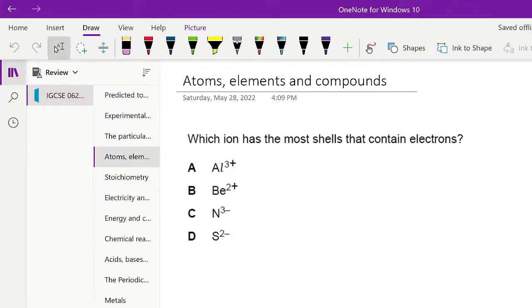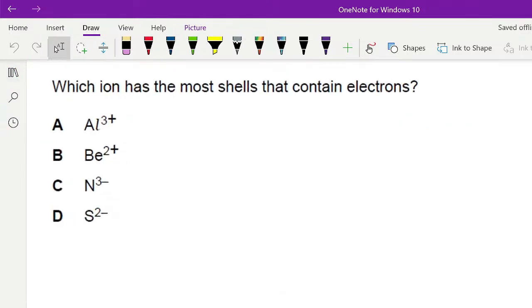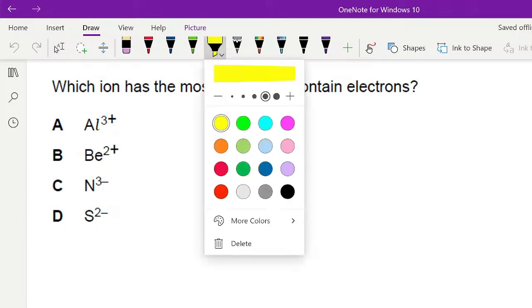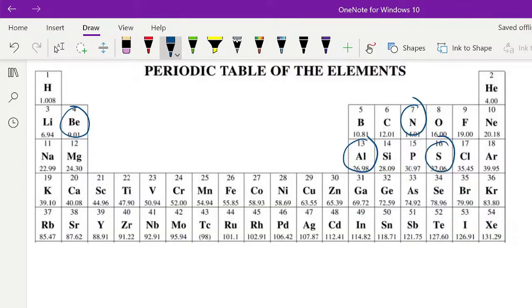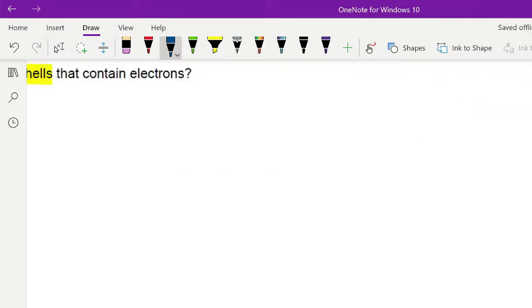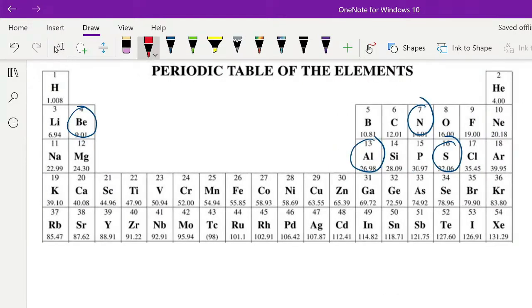Let's take a look at atoms, elements, and compounds. This kind of question: which ion has the most shells that contain electrons? So you go to the periodic table, and all of them are in their ionic state. What does it mean by ionic state?